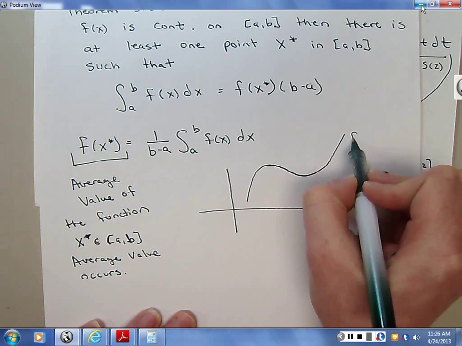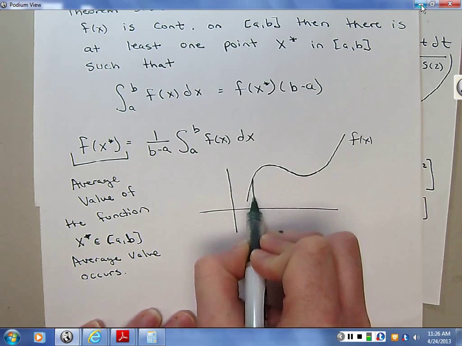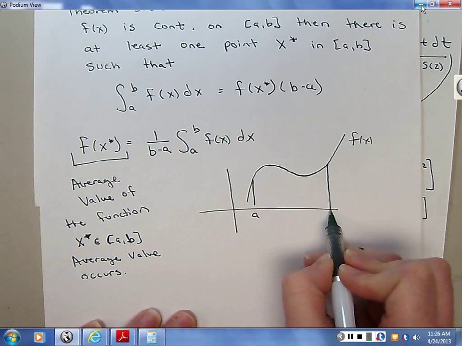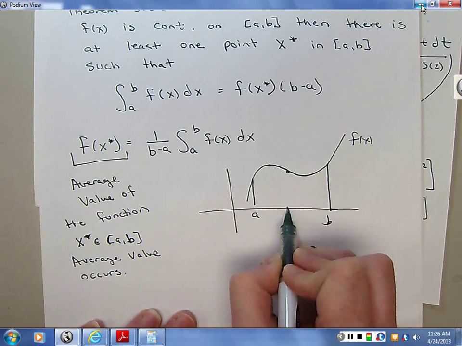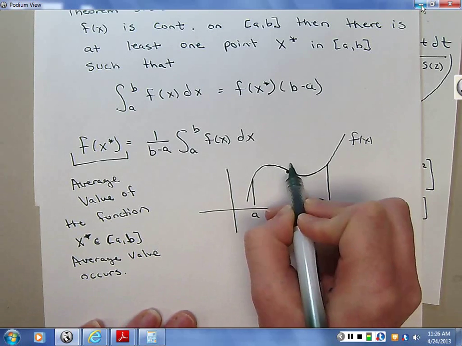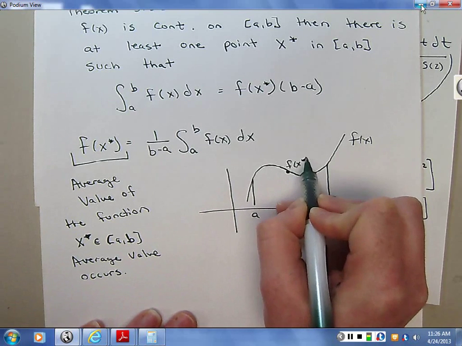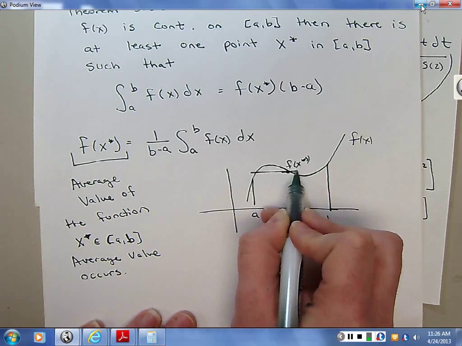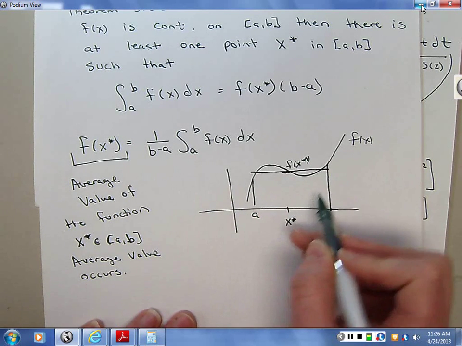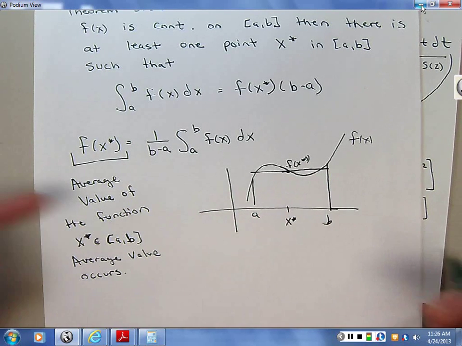This is f of x. Let's say this is from A to this is B. There's some point in here, x star, that f of x star is this average value. So if I take the average value times the length of the interval, I get the area underneath the curve.